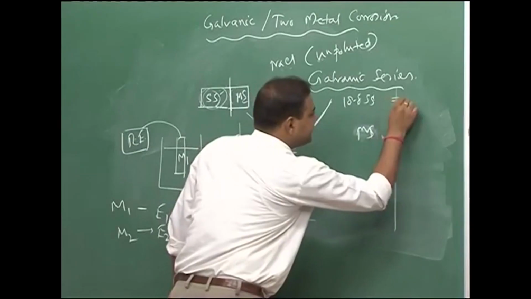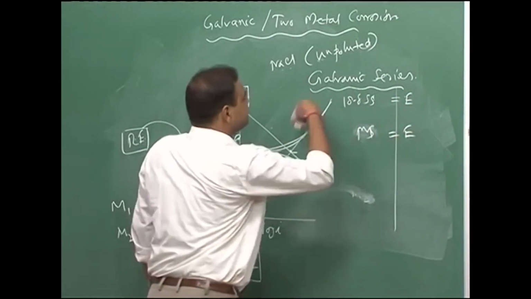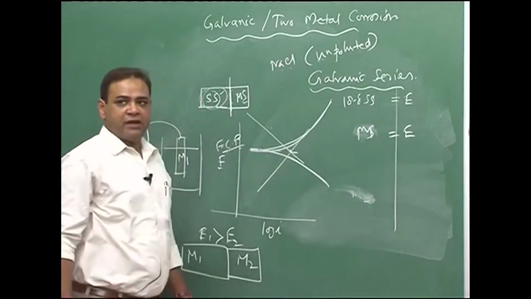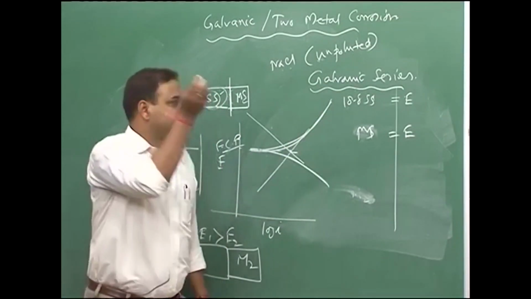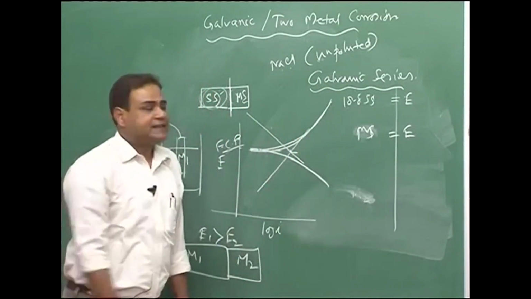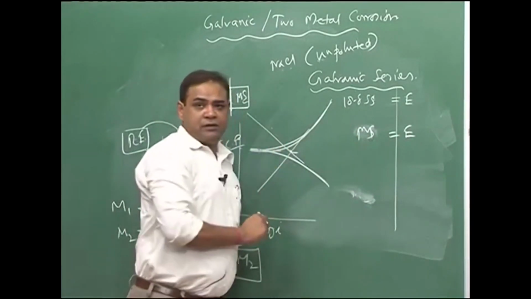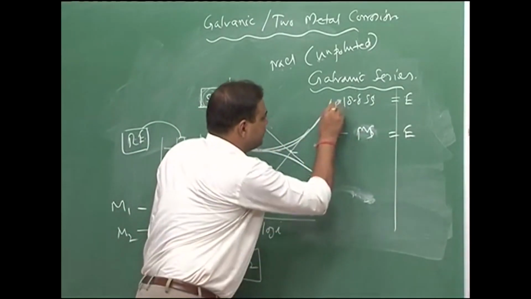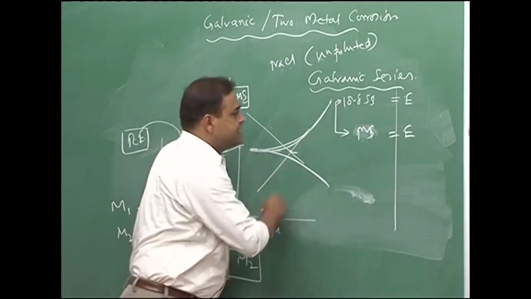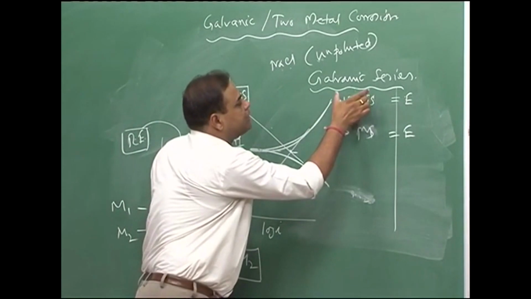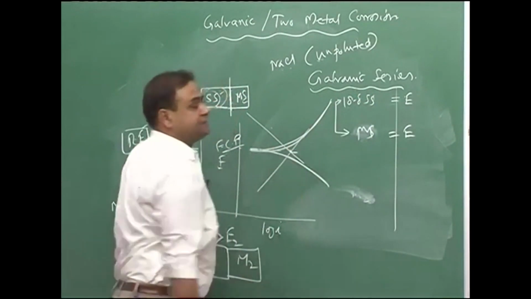You will not find any value of potential, it is just the relative position. And in the galvanic series, the metal which has a higher position than mild steel is the noble metal compared to the other. So, if we have a galvanic coupling between 18/8 stainless steel and mild steel, the stainless steel will not corrode, the mild steel will corrode. This is the essence of the galvanic series.